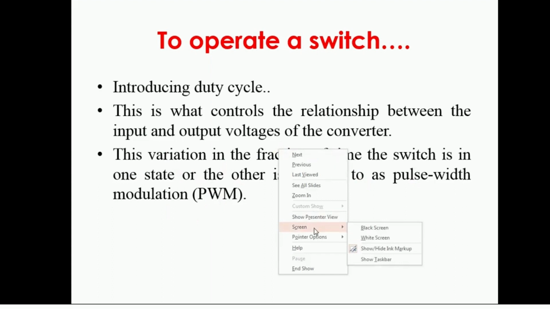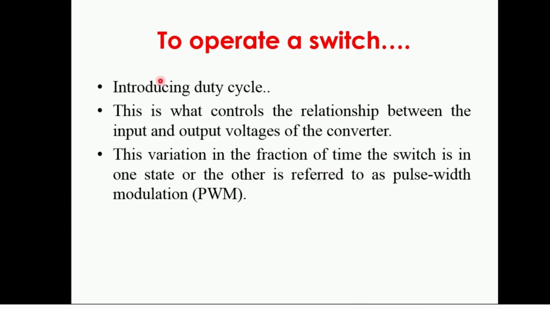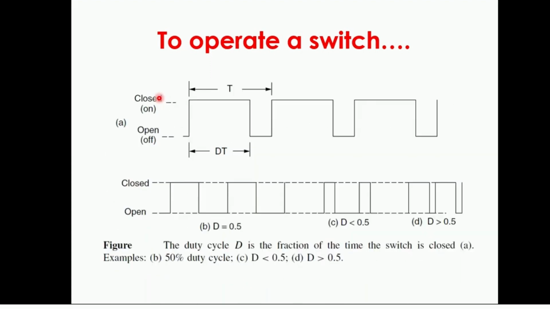So there is an on and off mechanism, and accordingly we are going to change things. At that time we will discuss how we can change the concept of introducing this duty cycle. This is the on-off pulse train we are going to generate.